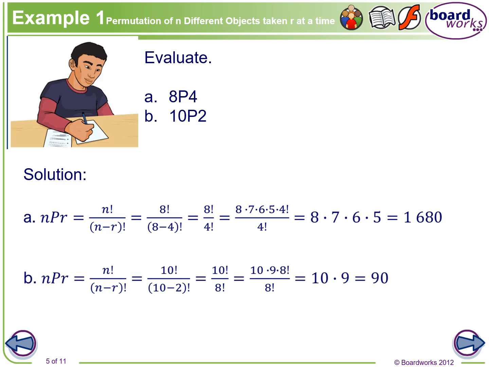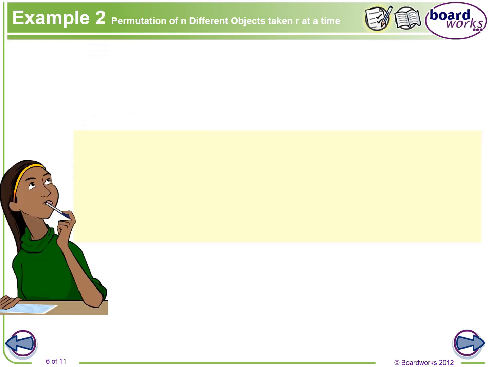How about letter B? The permutation of 10 objects taken 2 at a time. Substitute in the formula: 10 factorial over 10 minus 2, that is 8. So 10 times 9 times 8 factorial over 8 factorial. Cancel 8 factorial. What's left is 10 times 9, which is 90.